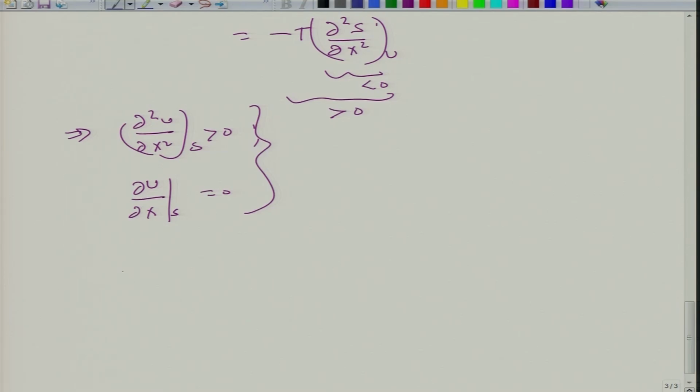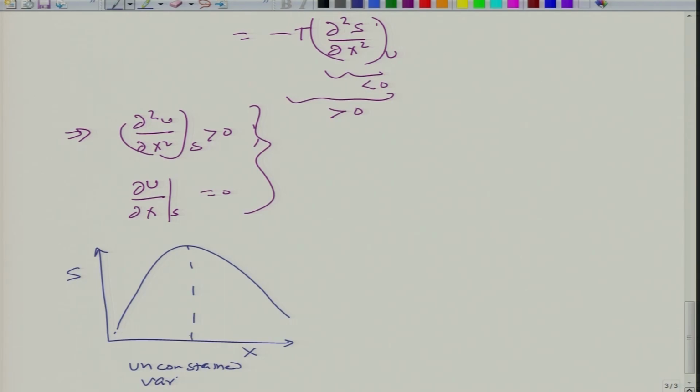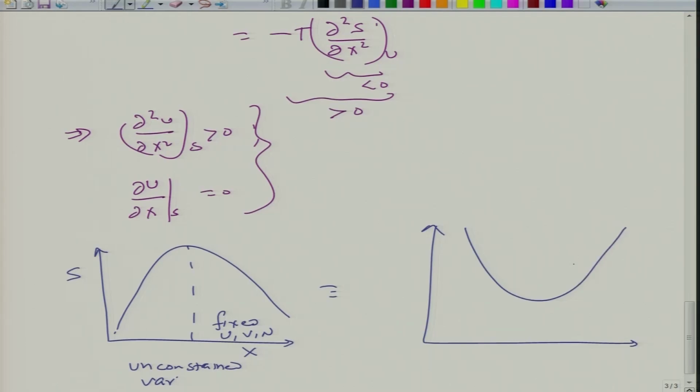So, one can come up with this kind of diagrammatic explanation of this, that for s as a function of x, which is the unconstrained variable, this reaches a maximum for a fixed u, v, n, and this is equivalent to saying that u as a function of again x, unconstrained variable, reaches a minimum at equilibrium.